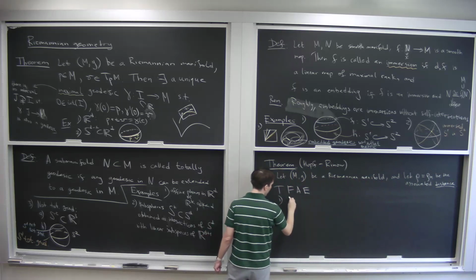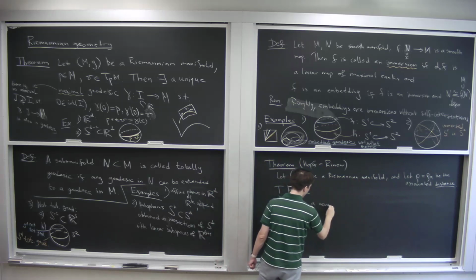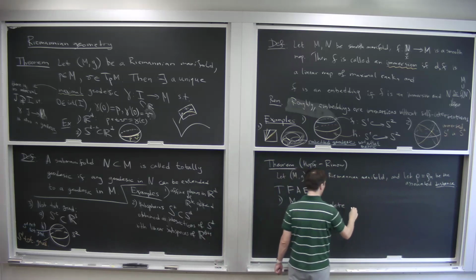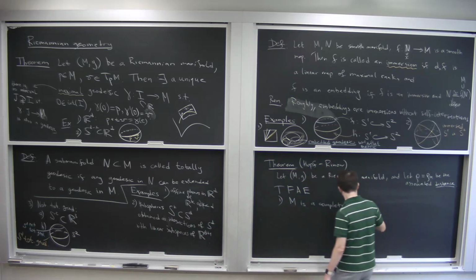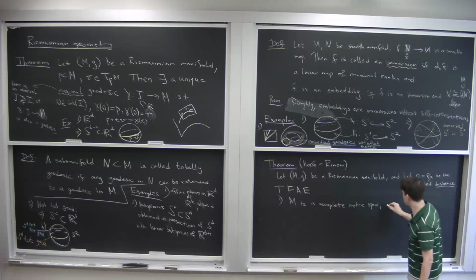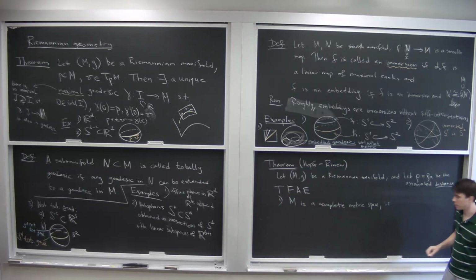M is a complete metric space, which means that every Cauchy sequence has a limit.